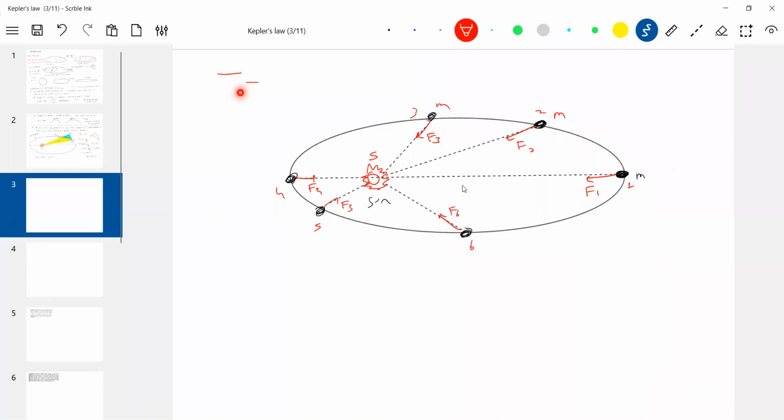So here I'll write the explanation. The gravitational attractive force intersects the axis of rotation. So what is the axis of rotation?